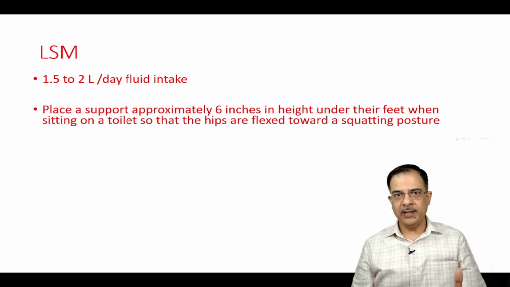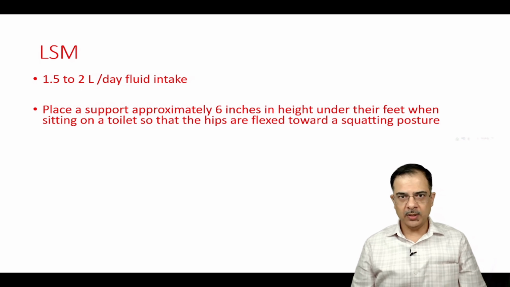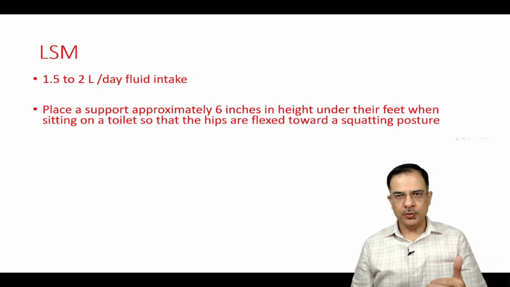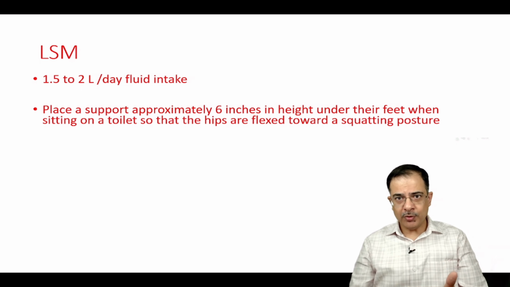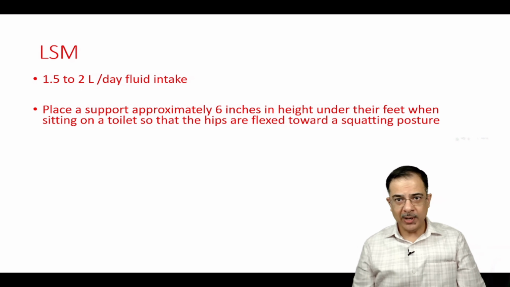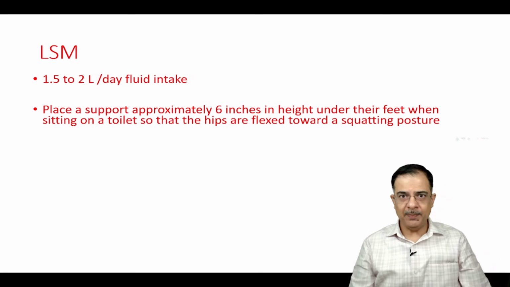Most of us use Western type toilets. We ask the patient to place a 6-inch high stool under their feet and assume a squatting position. Squatting straightens the anorectal angle and the stool will be passed easily.